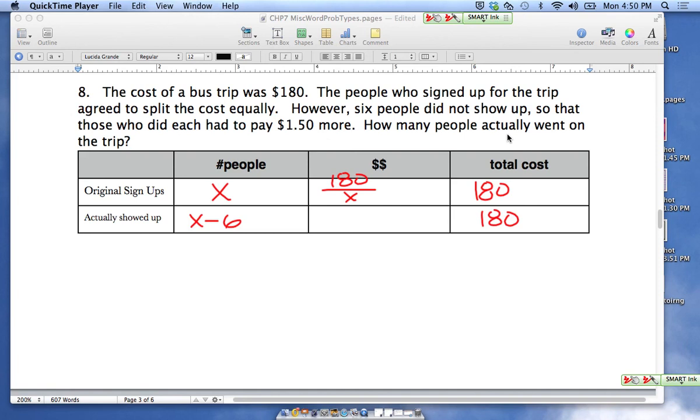So the original cost of $180 over X increased by $1.50. So the number of people going times the cost per person has to equal the total cost. So this will be set up. I'm going to use the actually showed up row, and then I'm going to have to use the same math skills as I used in the problem with Jonathan going up and down the hill.